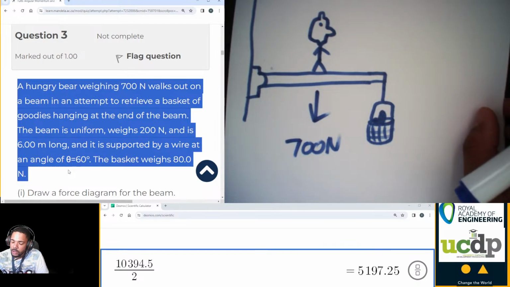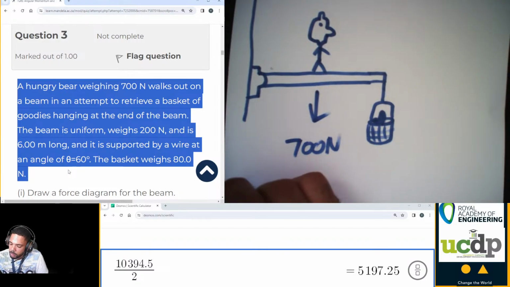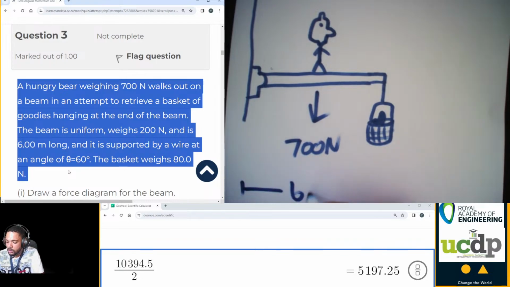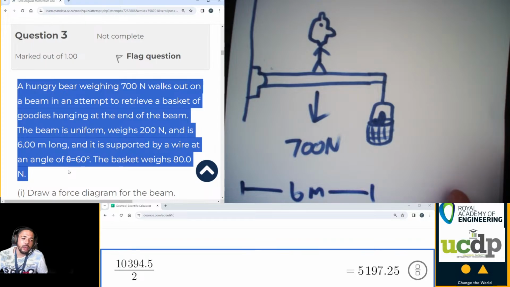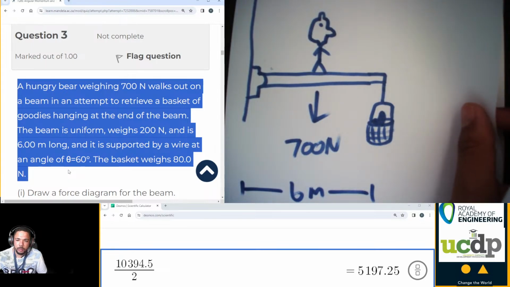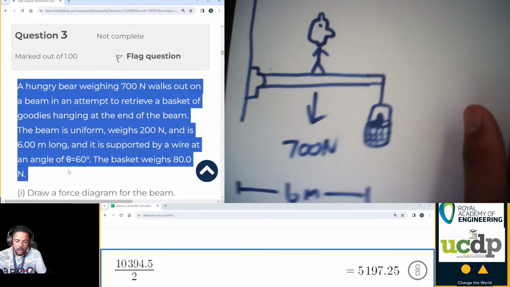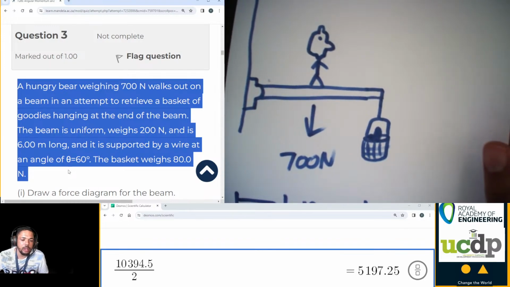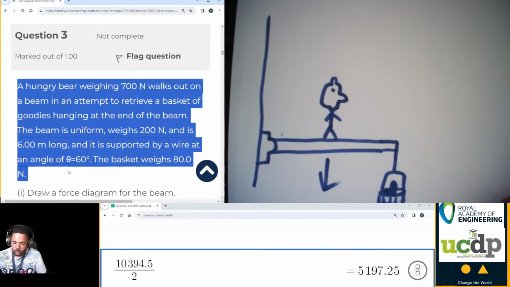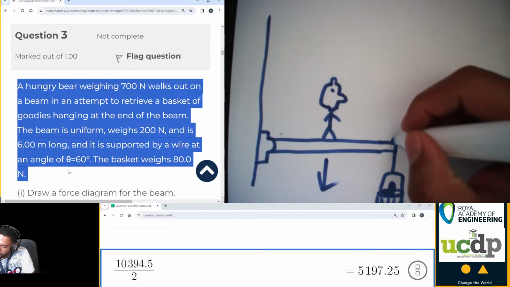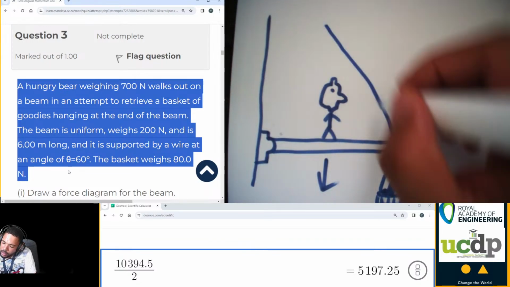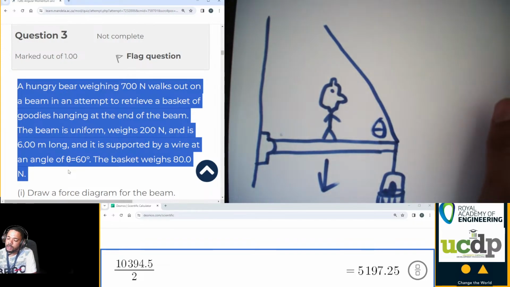The beam weighs 200 newtons and is 6 meters long, and it is supported by a wire at an angle theta of 60 degrees.